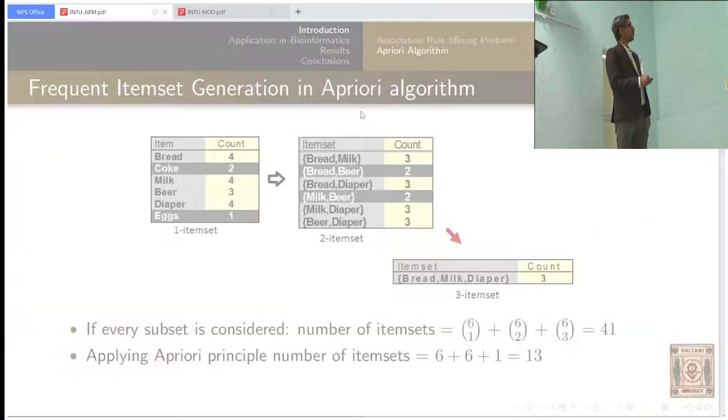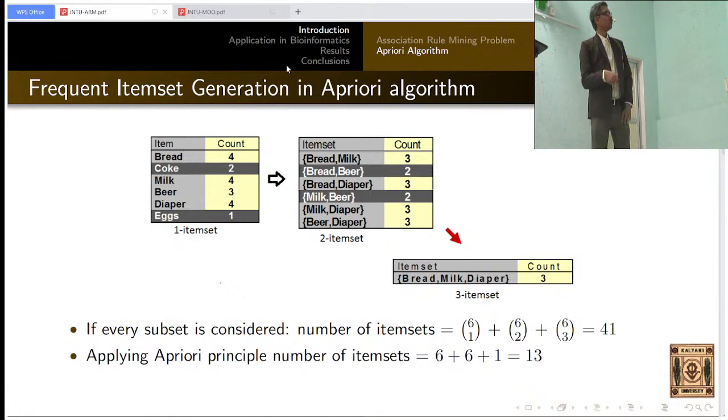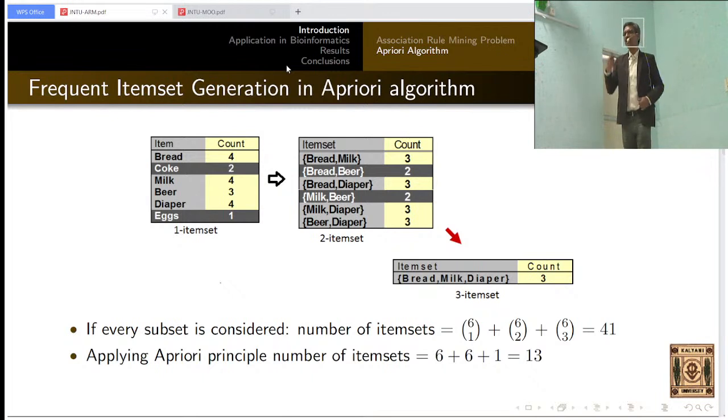So if we compare the brute force method and the a priori method, suppose you have 6 items and the minimum support is 3.